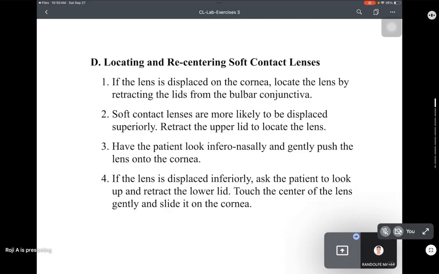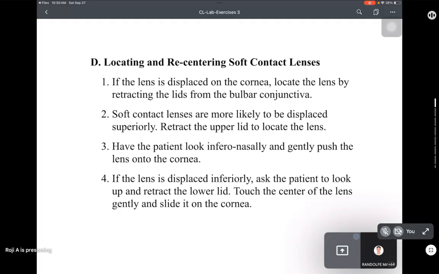So sometimes it goes all the way to the inferior that it's not going to be visible. So what you do is retract the eyelid or ask the patient to look. If it's inferiorly, look up. Then as you look up, you can see the RGP is located inferiorly, on the sclera. So that's one thing you need to understand.